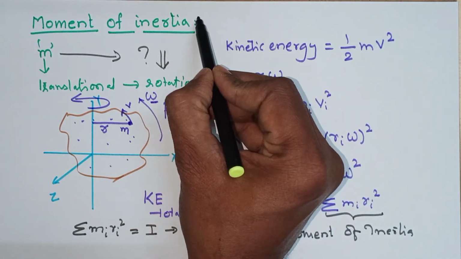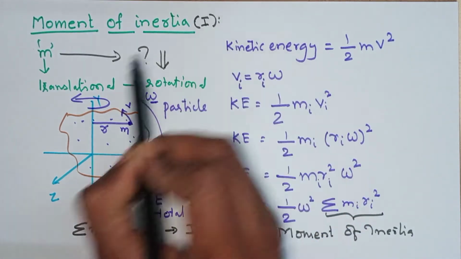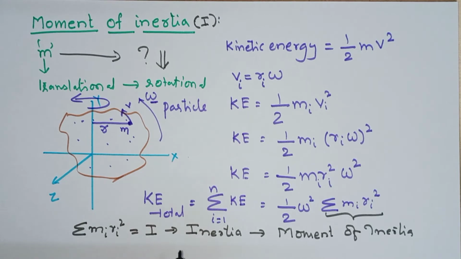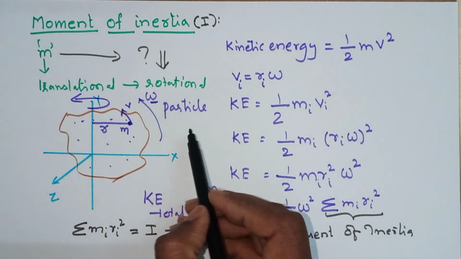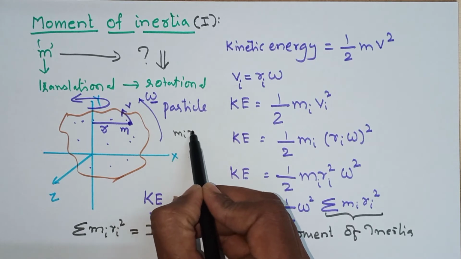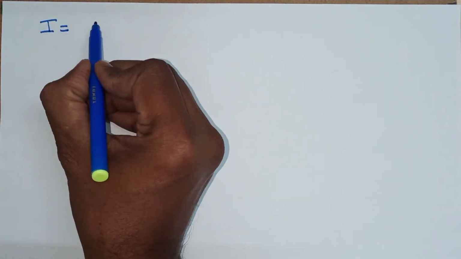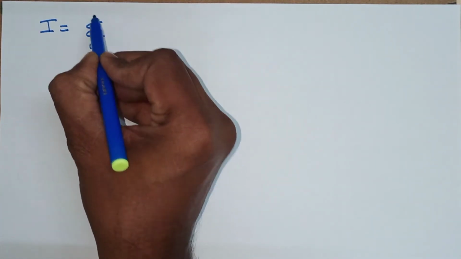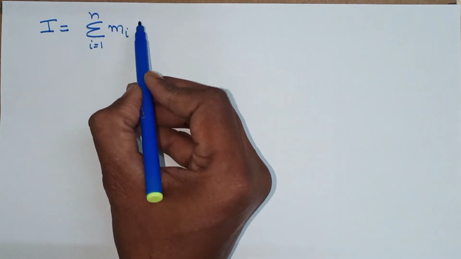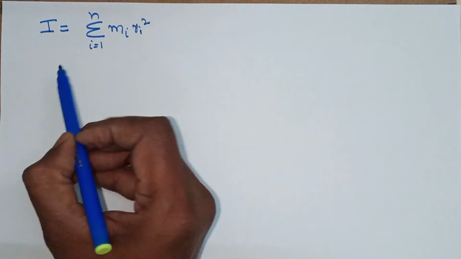So we write it as I. For a single particle, the moment of inertia is simply m i r i square. For the whole system, you add the moment of inertia of all the particles. That's why we have taken the summation here. Now we write I is equal to summation, i equals 1 to n, m i r i square.